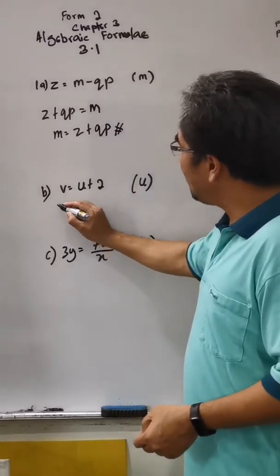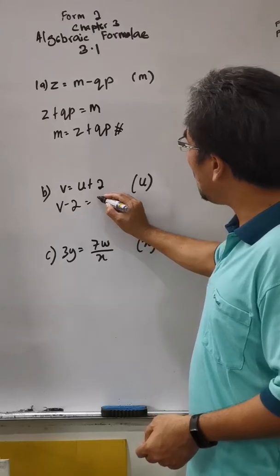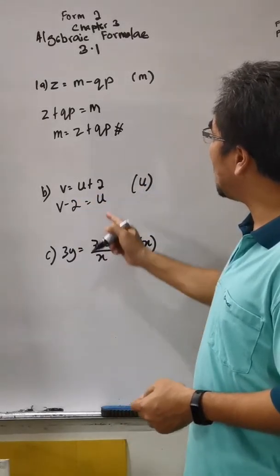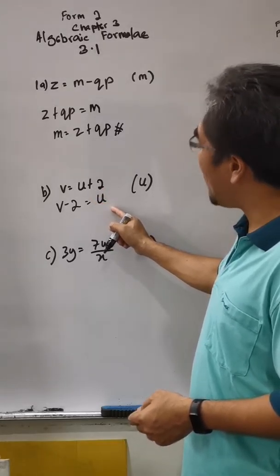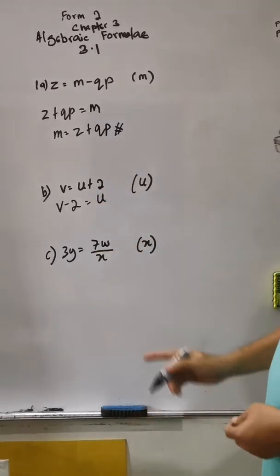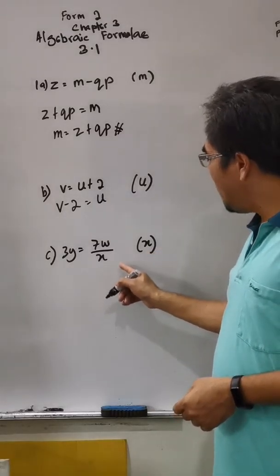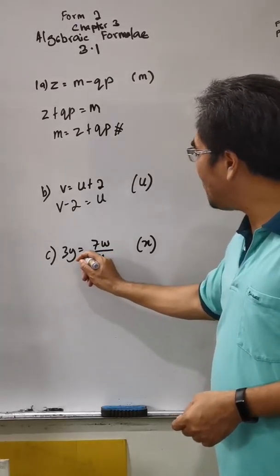This is simpler. V minus U, V minus 2 equals U. So this is the subject also, as long as U is left alone on one side. But here they want X, and X is part of the denominator. So you multiply first.